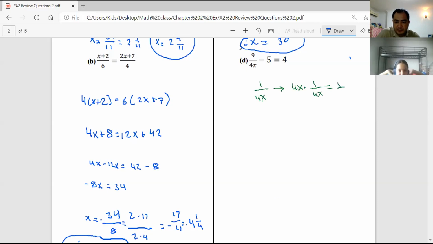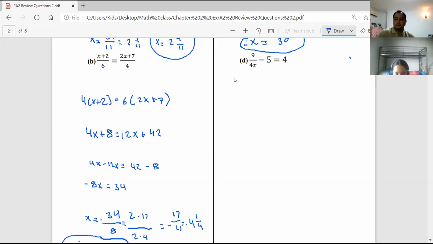As you see here, in the denominator we have 4x. So you should multiply both sides by 4x. Because in general, if we have 1 over a, we should multiply by a, right? Okay, very good. Let's do it.